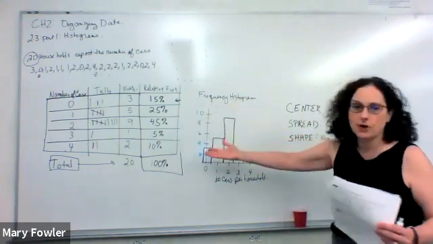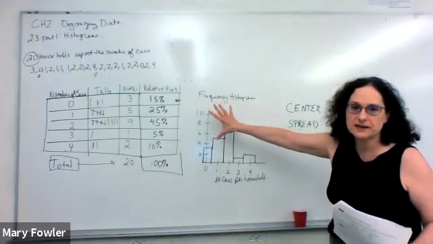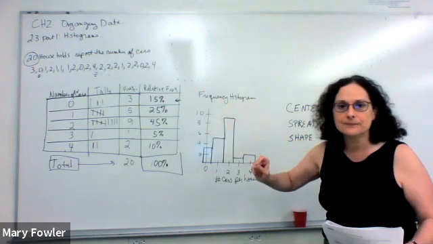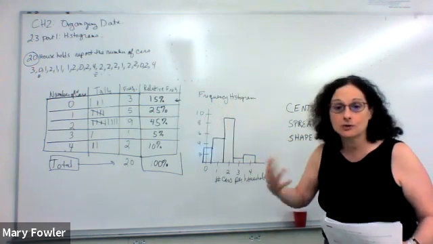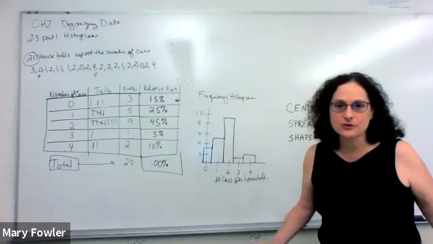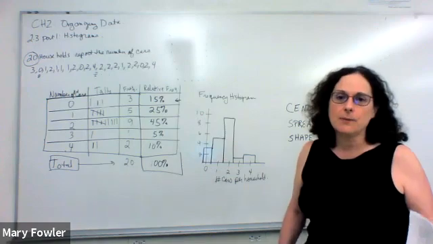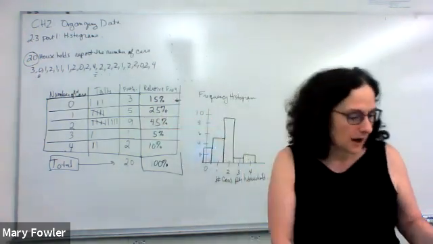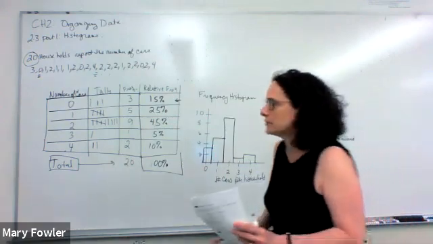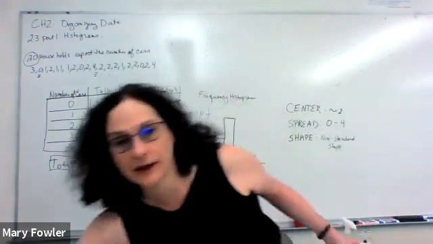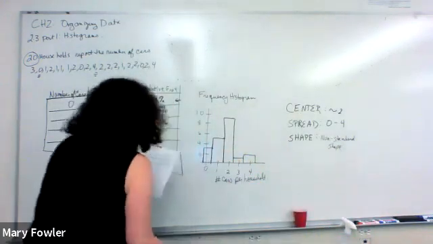So the number of cars that we were presenting here, they were discrete. You either have 0 cars or 1 car or 2 cars. A few of us have portions of cars. So this is an example of a histogram for discrete data. And in particular, we use the single value classes.